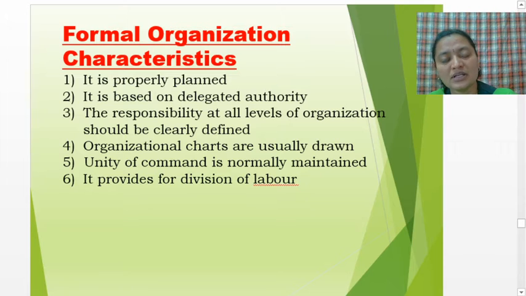You already know that there are three levels of management: top management, middle level management and lower level management. So top management has to plan properly what rules and regulations are to be set and given to the middle level and lower level management. So it is a properly planned structure.